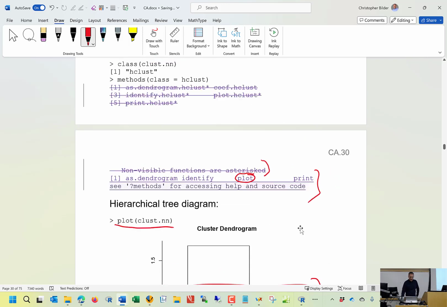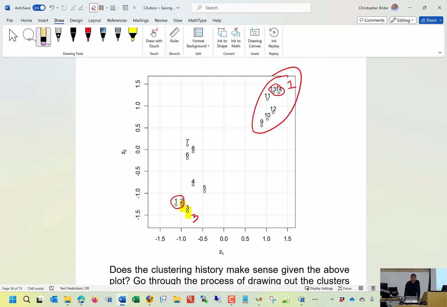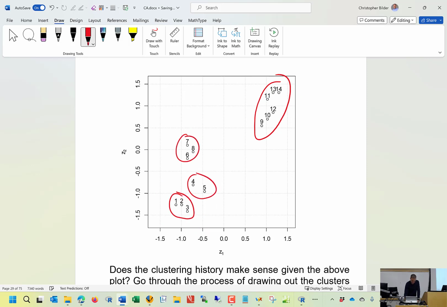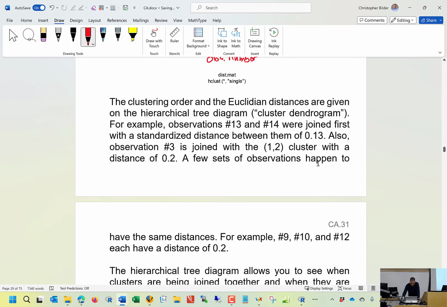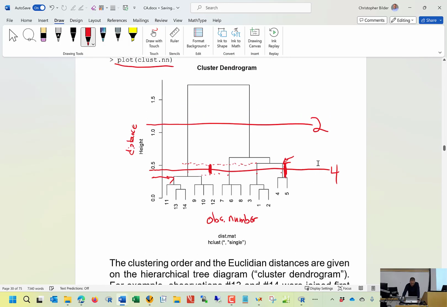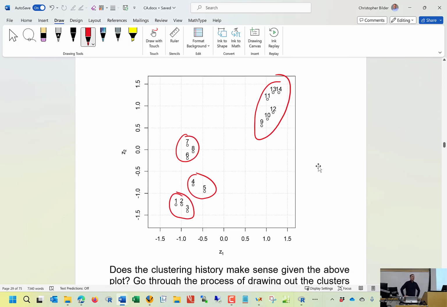Now let's look at what that would look like here. That would be this. Let me double check that. Yeah, I would have these 4 clusters.